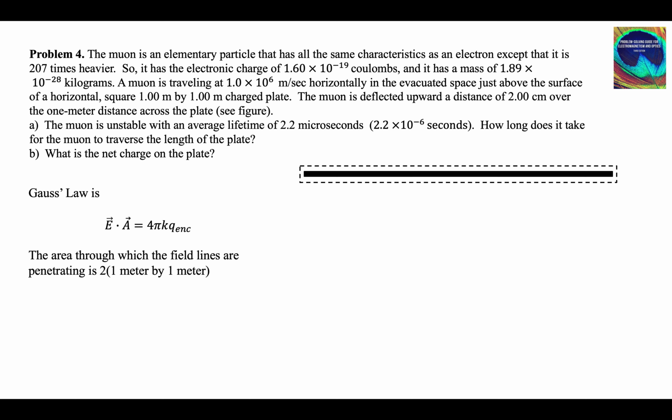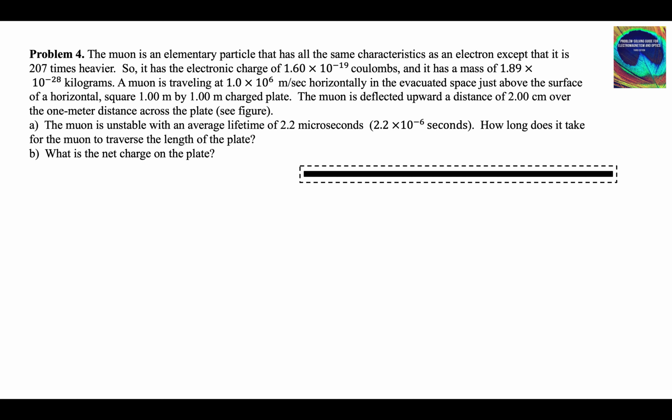The area through which the field lines are penetrating are the top and the bottom, so that's 2 square meters. The field is the same at the top and the bottom. I can just use 1E to represent the field at those 2 surfaces. And I have 2 unknowns, only 1 equation. What the heck? How do we solve this?